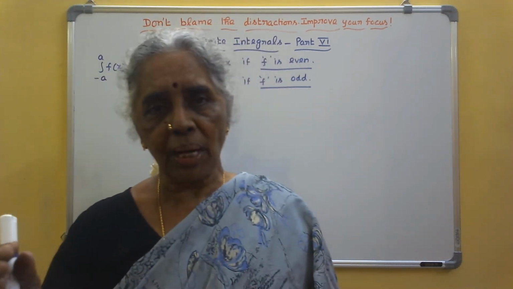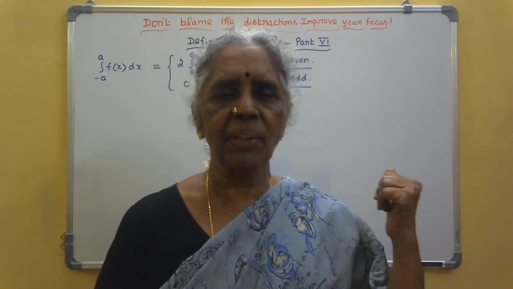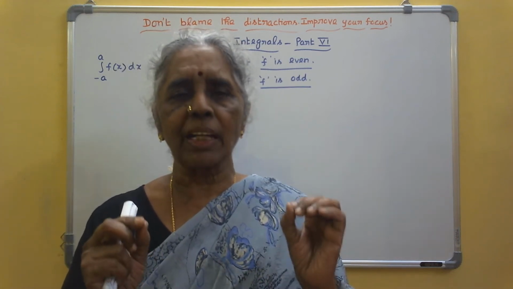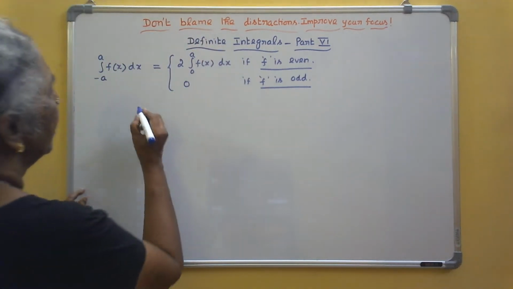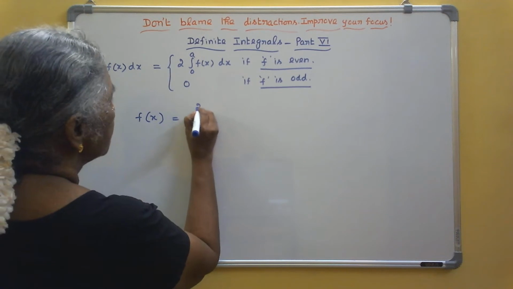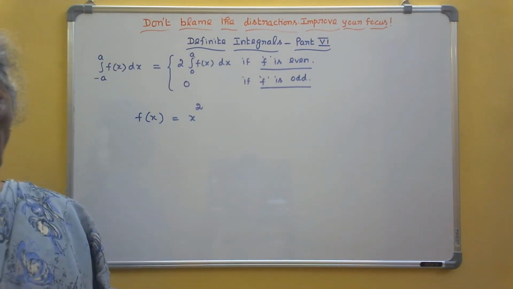So, if you want to understand this property, first you should know clearly what is an even function and what is an odd function. So, let me explain that first. Now, consider f of x is equal to x squared. I am first taking a simple algebraic expression.